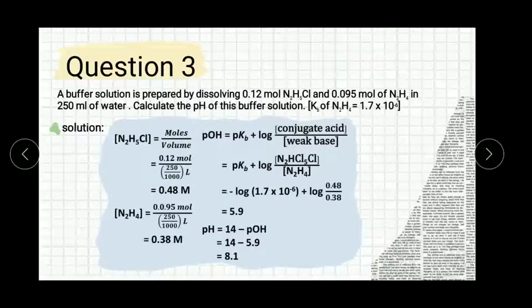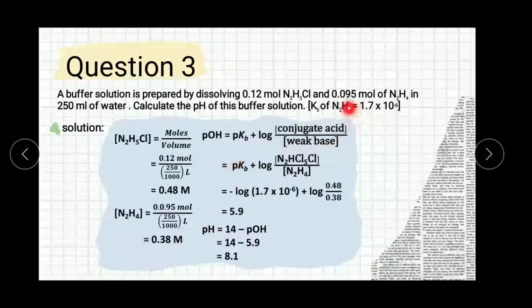We can find the concentration of hydrogen monochloride and hydrogen by using the formula mole over volume. They already give us the mole and the volume. So we can just calculate the concentration of hydrogen monochloride is 0.48 molar and the concentration of hydrogen is 0.38 molar.